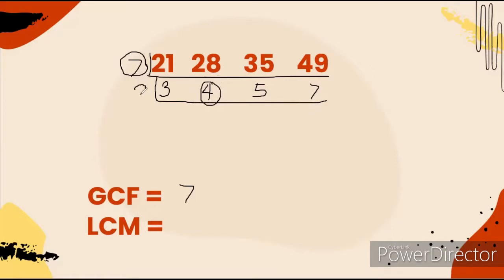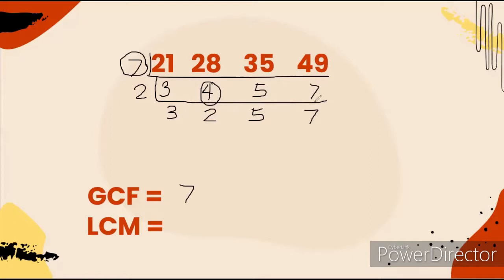So we will divide it by 2. 3 divided by 2 cannot be. 4 divided by 2, that's 2. 5 divided by 2 cannot be. 7 divided by 2 cannot be, so bring down 7. I guess all these numbers here are now prime numbers.